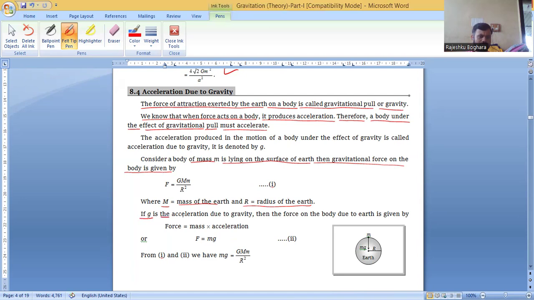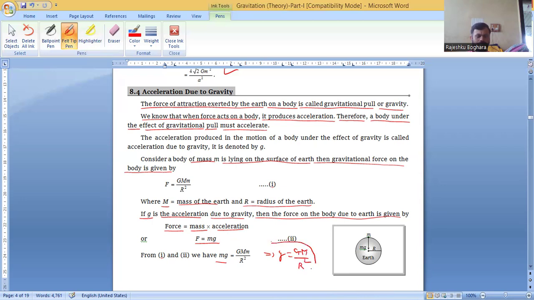If g is acceleration due to gravity, then the force on the body due to the earth is given by force is equal to mass into acceleration, F equal to mg. So mg equals G capital M small m upon R square. Now m cancels, then g is equal to GM upon R square.